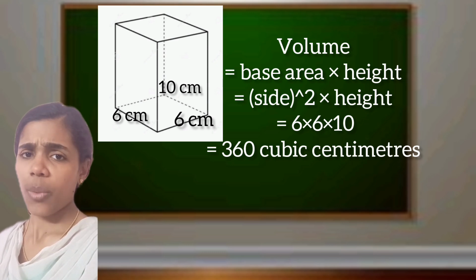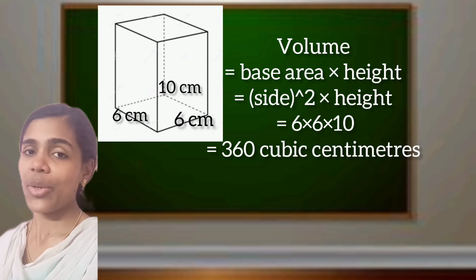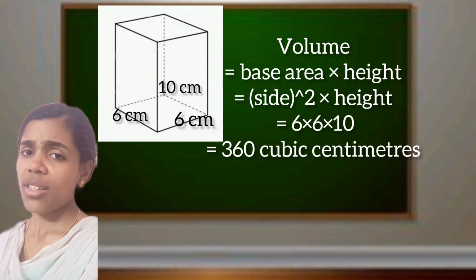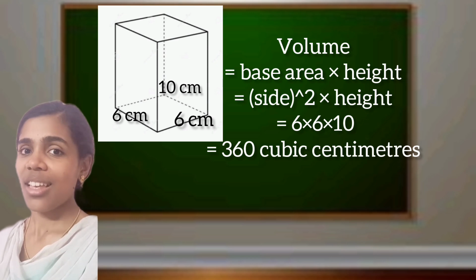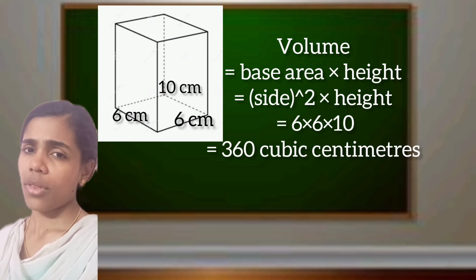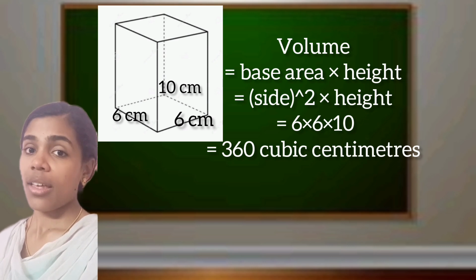What is the formula for finding the volume of a prism? Yes, it is base area into height. What is the base of the prism here? Yes, it is a square. Then what will be the area of the square? Area of a square is equal to side into side.